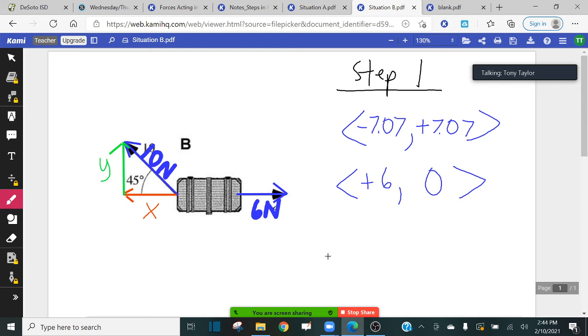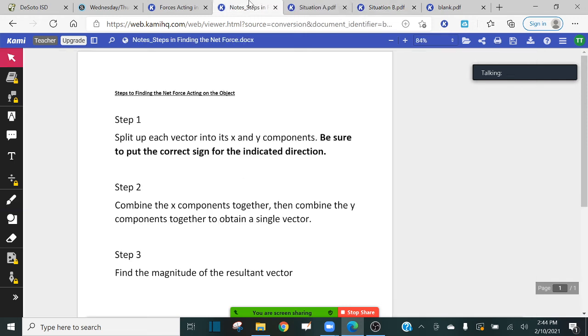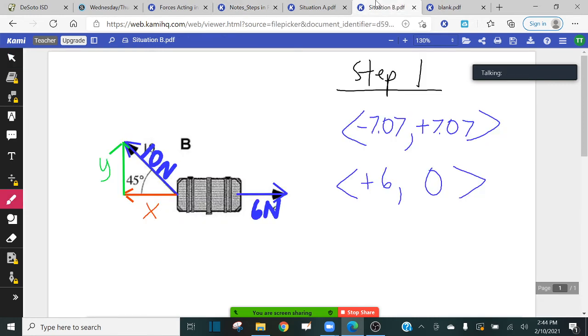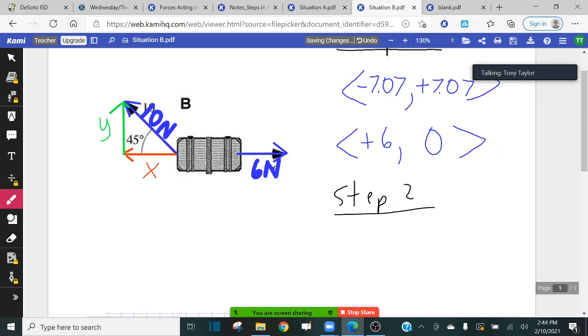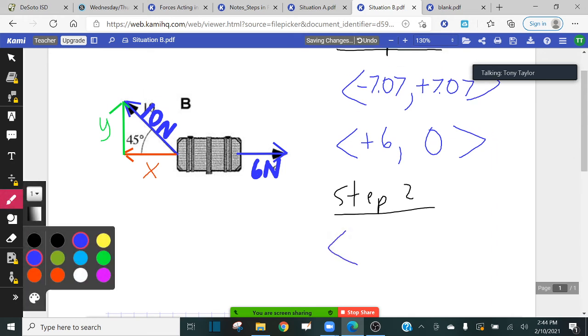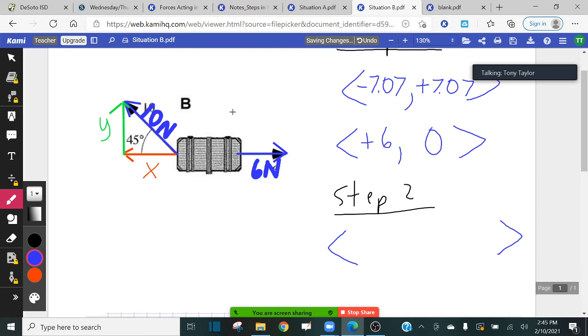Okay, so guys, that's step 1. Remember, we're still trying to find the net force. Step 2 says combine the x components together, then combine the y components together to obtain a single vector. So for step 2, we want to add up our x components and add up our y components. When you add this vector to this vector, because we want to add up those forces to get the sum of the forces, what do we get? We're basically combining x's and y's.